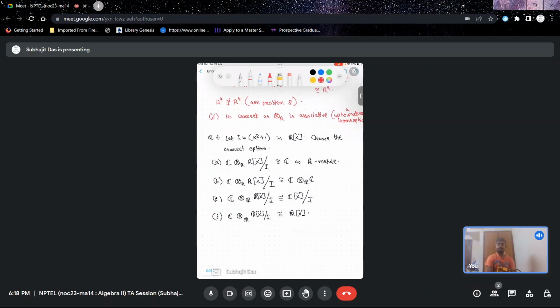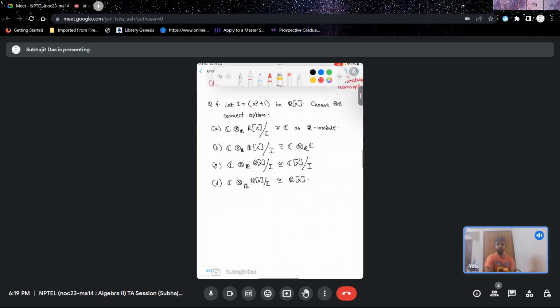Question 4 says that you consider the ring R[x] and consider the ideal generated by x square plus 1. You need to choose which of these options are correct. So before we get into the options, we quickly observe something, that the polynomial x square plus 1 in R[x] is irreducible.